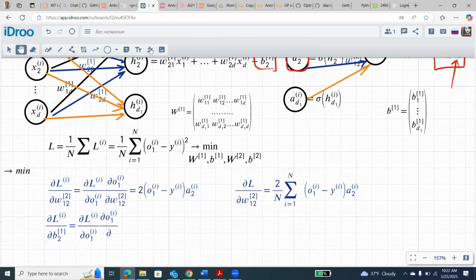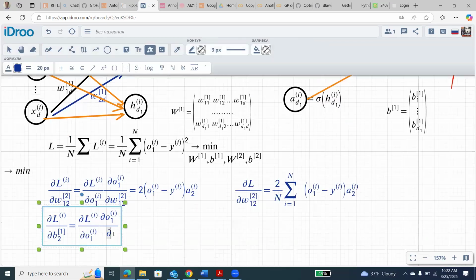But now it will be a little bit deeper. So first we'll calculate the derivative with respect to A2, because only this term depends on B2, and then multiply by the derivative of A2 with respect to B2. So this is our final expression.